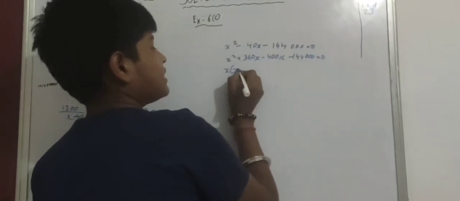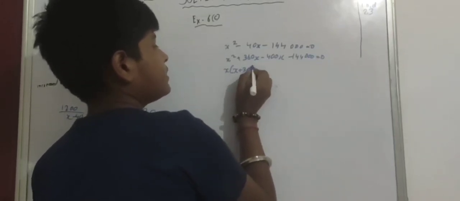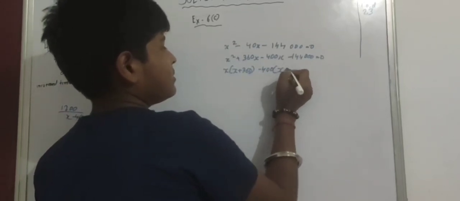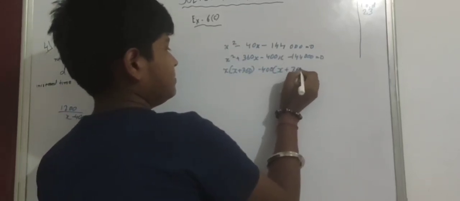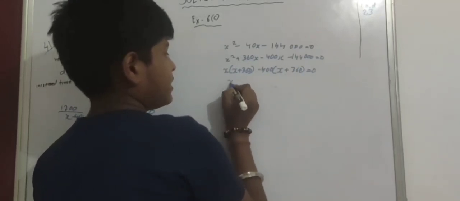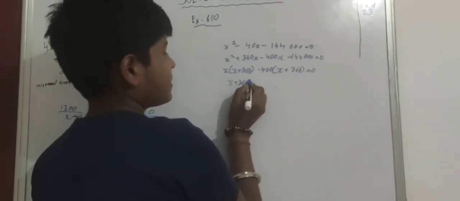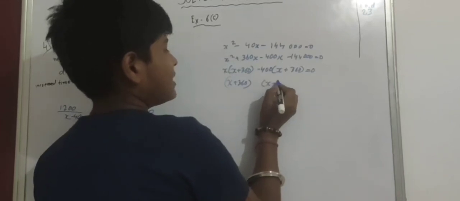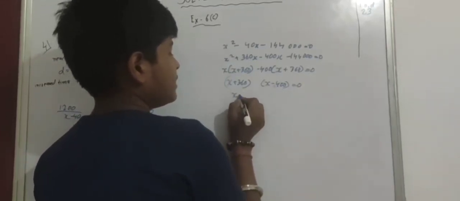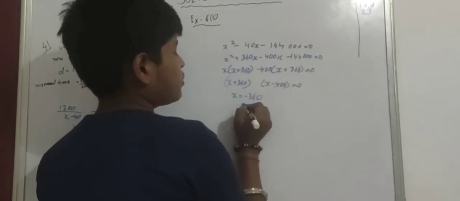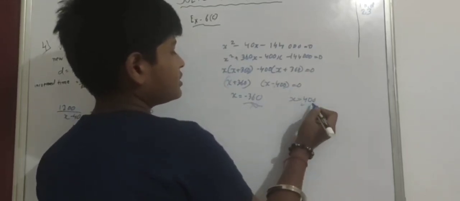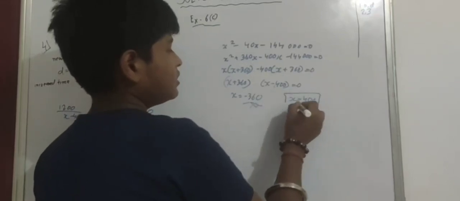So x into x plus 360, minus 400 into x plus 360, is equal to 0. So now we have x plus 360 and x minus 400 as the two factors. So x equals minus 360, which is not possible, and we have x equals 400, which is possible. So the answer is this, and you will go with this.